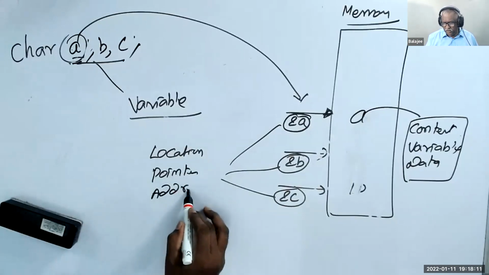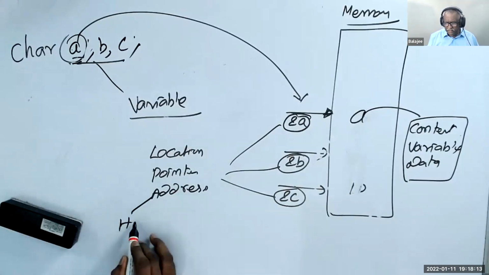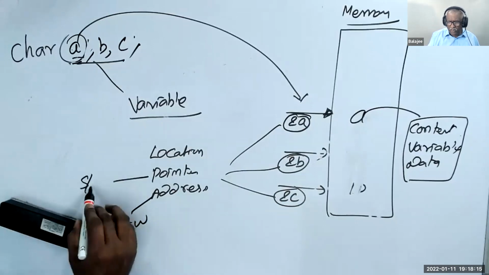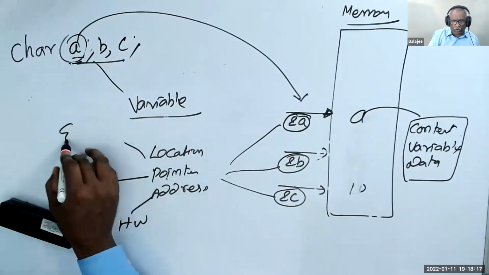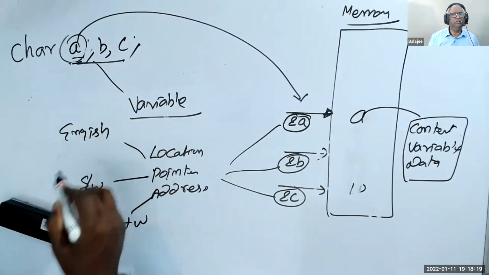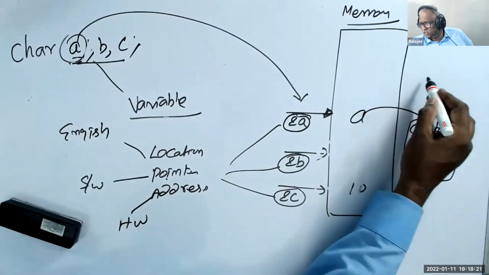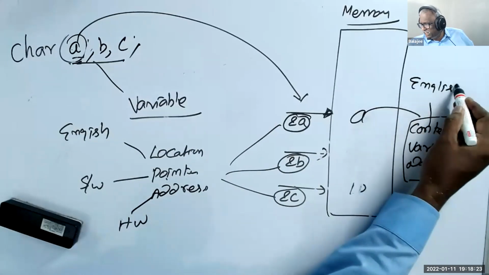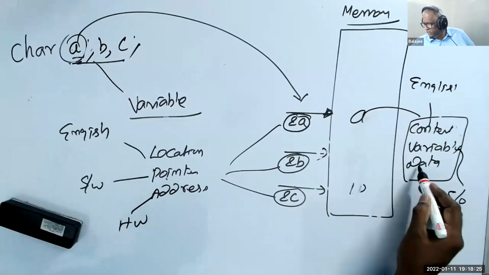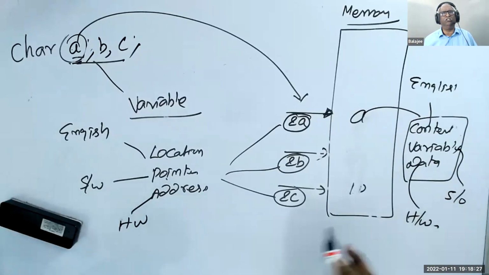All are the same. In hardware, we call it address. In software, we call it pointer. In English, we call it location. Same way, content in English, variable in software, data in hardware. All are the same. Please understand that.